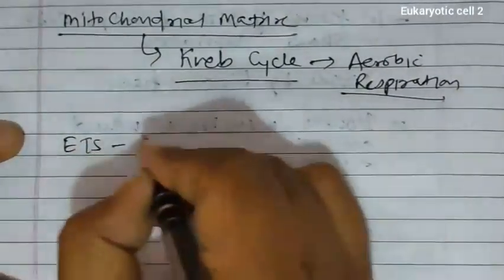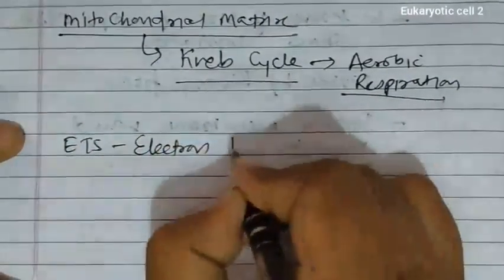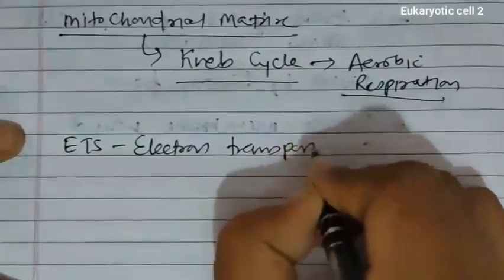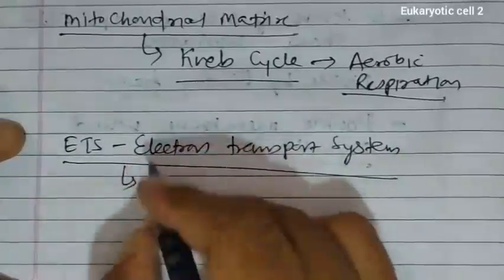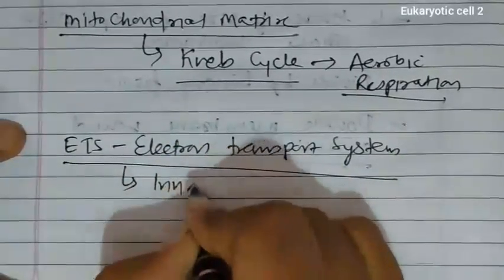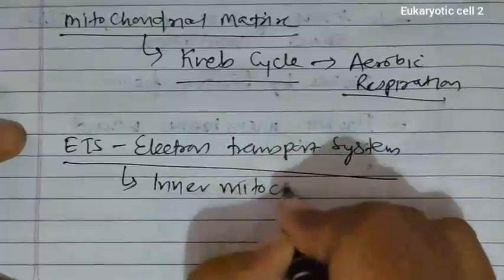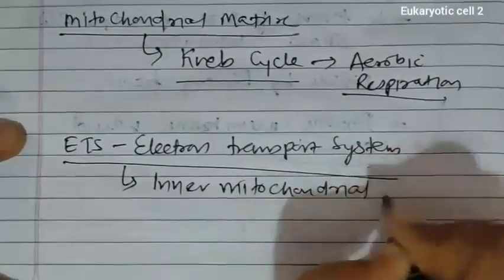So if we write about this, then we come to know that ETS, that is the electron transport system, is located on the inner mitochondrial membrane.